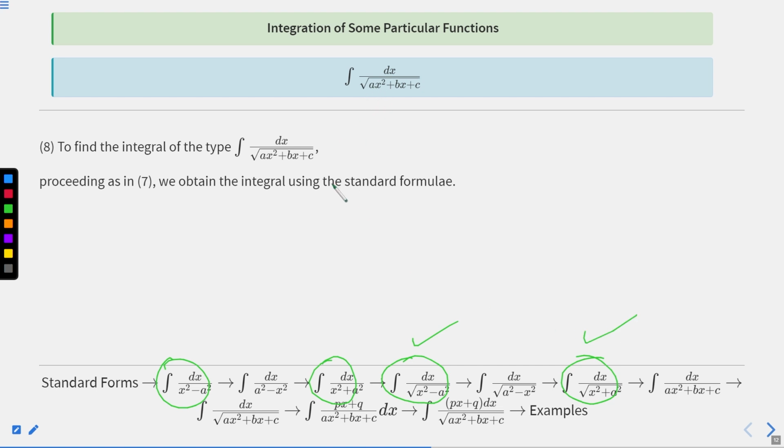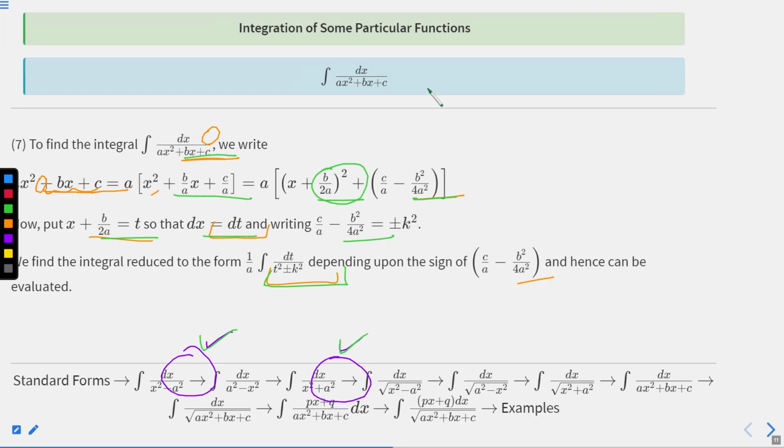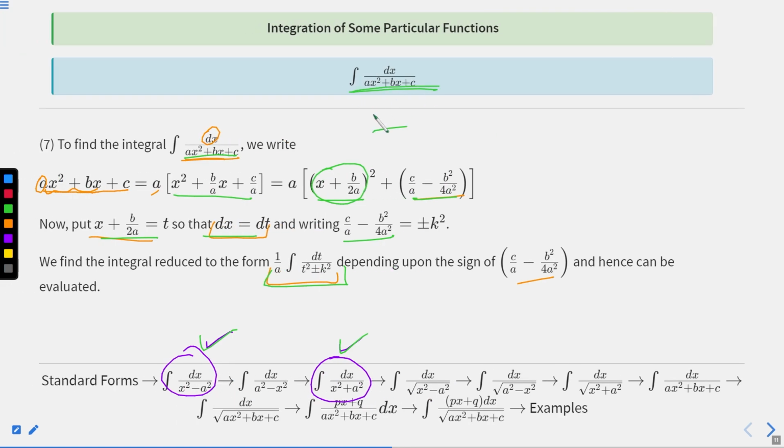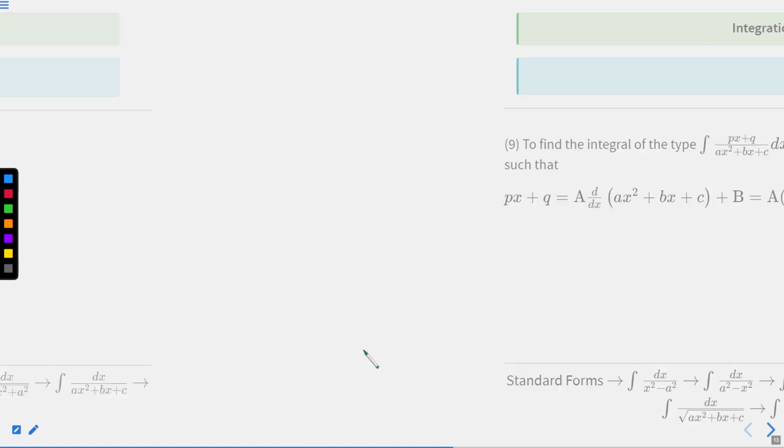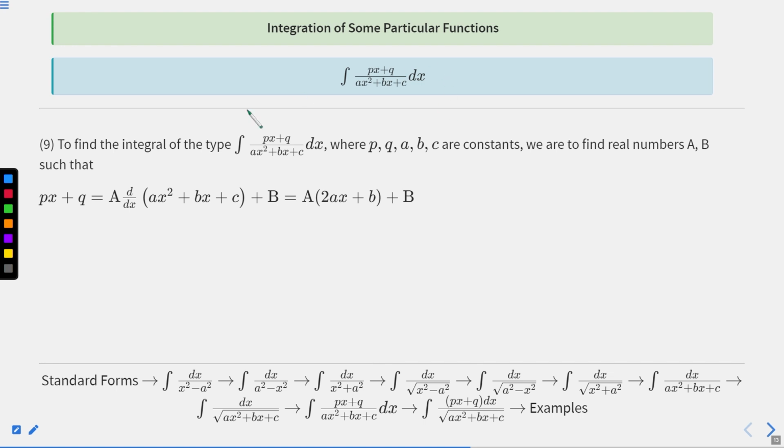I hope it is clear to you and you know about the direct evaluation of these four. In order to get the answer for these two expressions, you must know about these integrations. Let us move next.